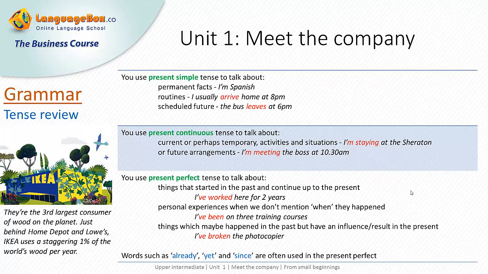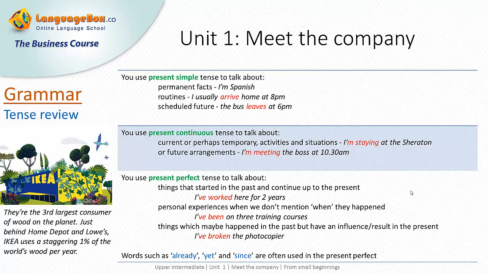We would have to use past simple tense. I went on a training course last year, for example. But because we don't mention time, we need to use present perfect. I've been to Paris. We don't say when. I've ridden a horse. No mention of time.